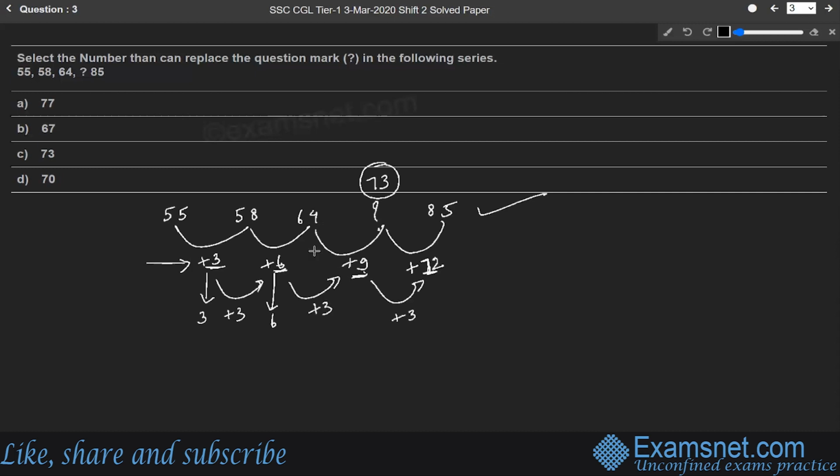That is 3 plus 3 is 6, 6 plus 3 is 9, 9 plus 3 is 12. Or in simple words, the logic is that you have to add numbers in such a way that it forms a table of 3. First you have to add 3, then 6, then 9, then 12, and so on. So I hope you are clear with this question. So the correct option here is option C, which is 73.